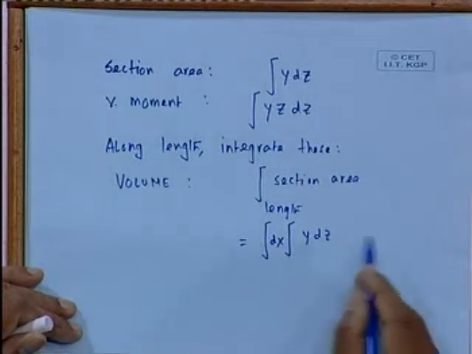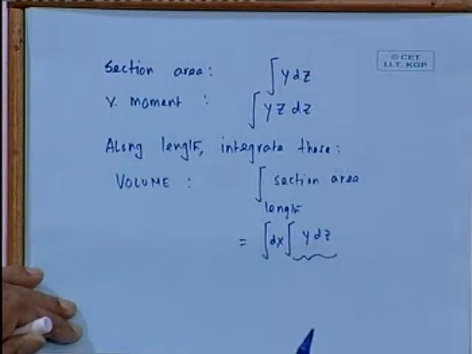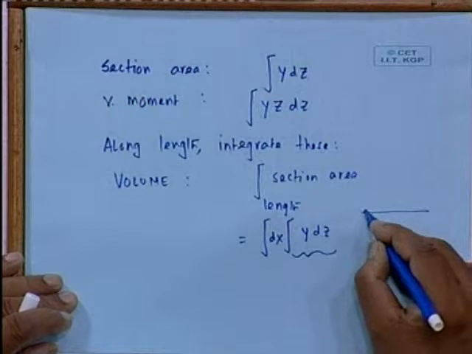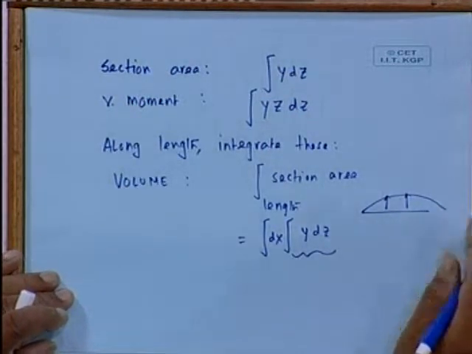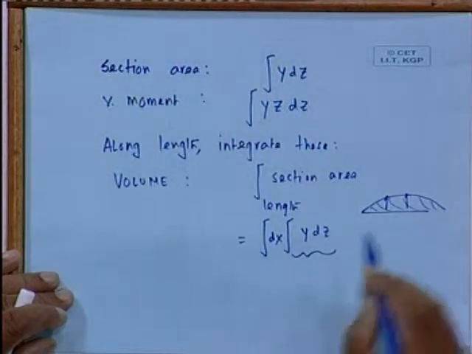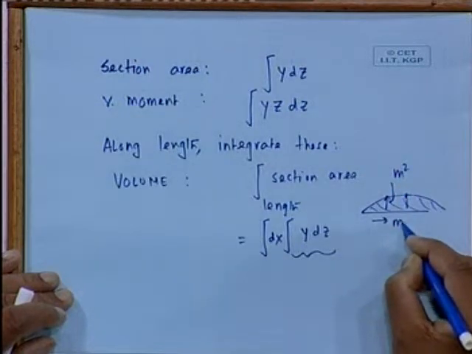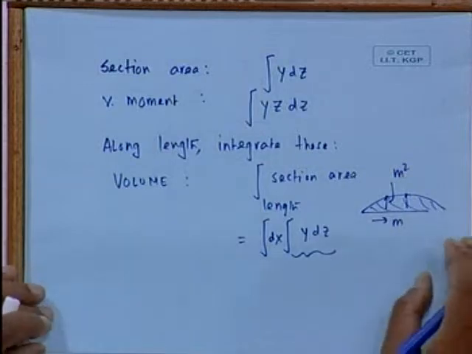See, you are integrating, this is my section area, you are integrating along the length. That is exactly what we have done in the previous curve, that I had these section areas, then I integrated along the length, which gave me this. Remember that this is in meter square, this is in meter. So what I have got is meter cube, a volume.